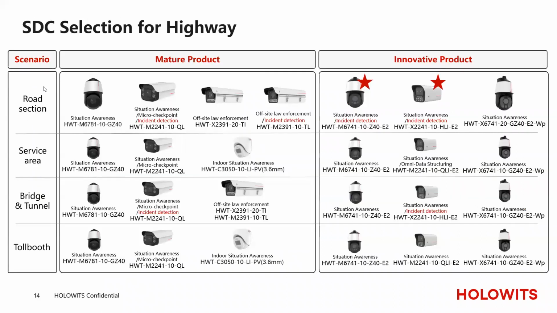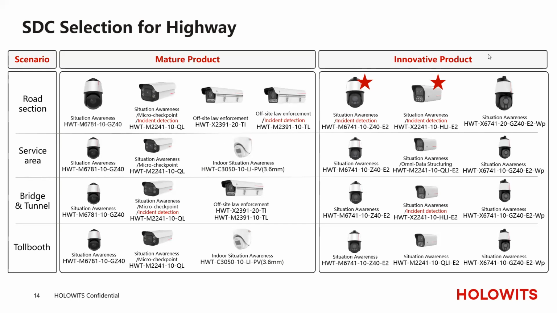So this is our SDC selection for the highway. This is a mature product. You can see the road selections we recommend for this: M6781 for the situation awareness, and M2241 for the situation awareness, which also has the offset line enforcement, which is X239.